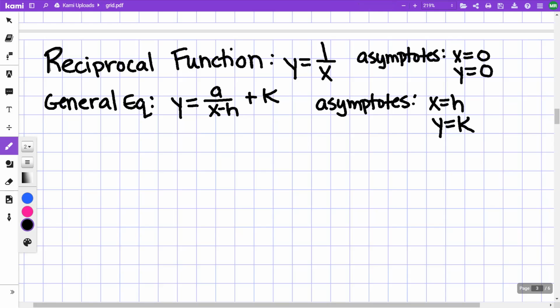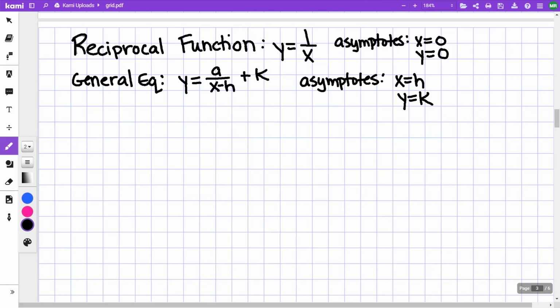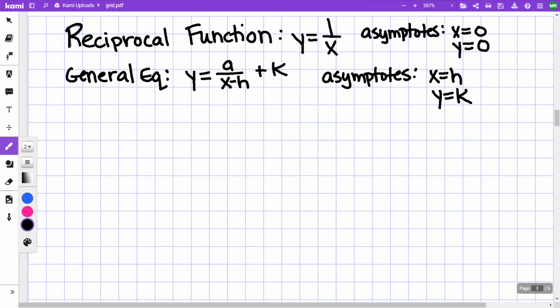Now I'm going to leave the rest of that part blank right now, and I want us just to sketch this. So we're going to do the graph. I'll leave some space on mine to add something in later, but I want us to get the graphs in. So for this, let's say we do y equals 1 over x.